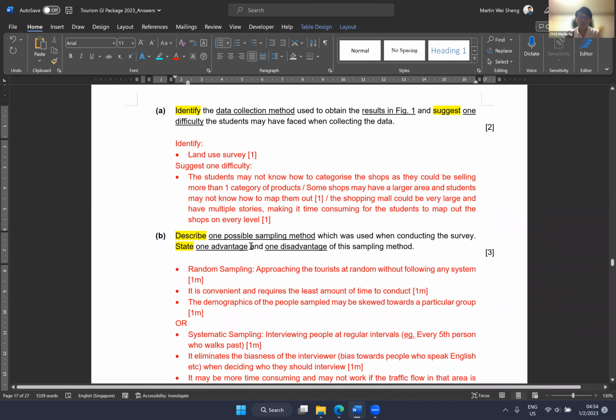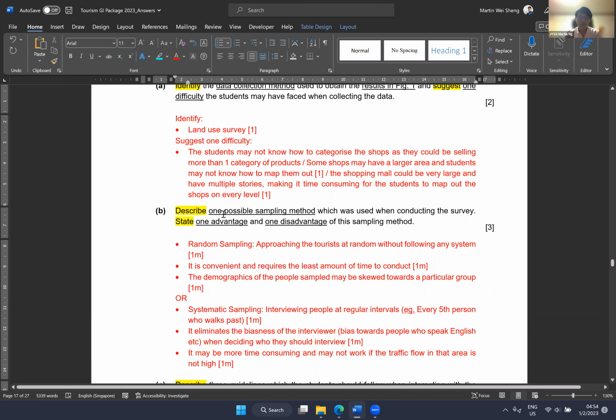Now for the second question: describe the possible sampling methods, state one advantage and one disadvantage. Always note that this is actually asking you to discuss the data collection method that was used.